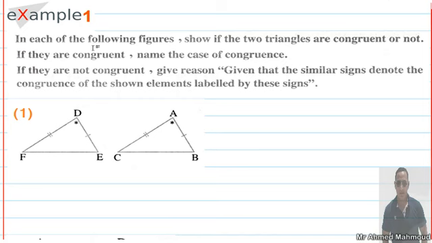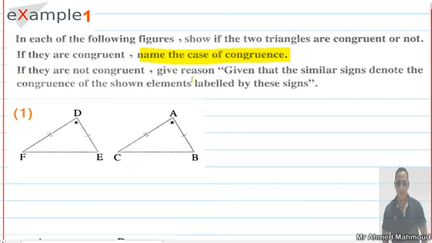Example 1. In each of the following figures, show if the two triangles are congruent or not. If they are congruent, name the case. The case that I am going to write is SAS or SSS or A.S.A. and so on.